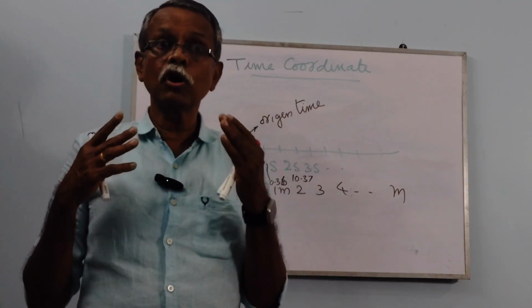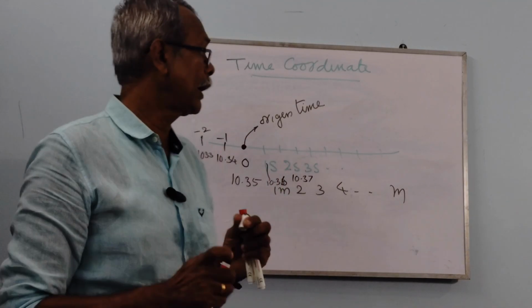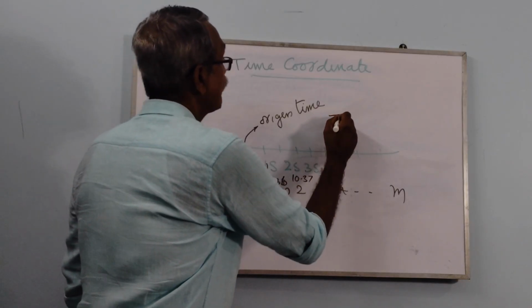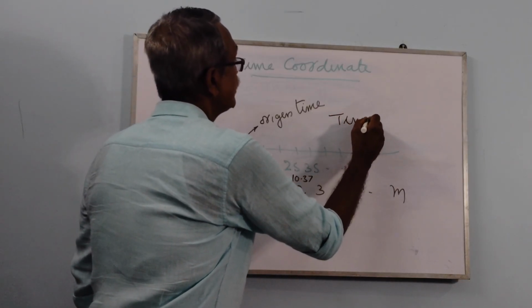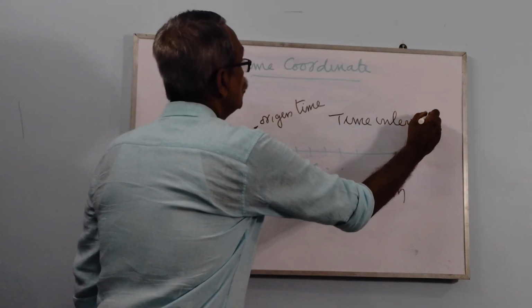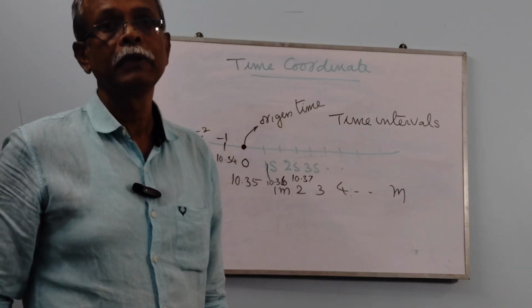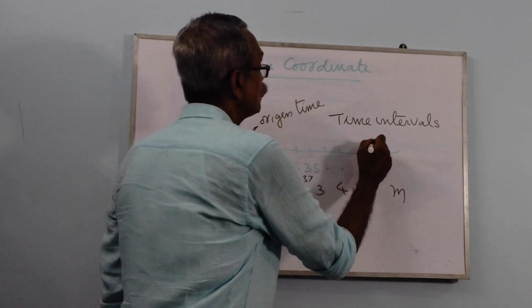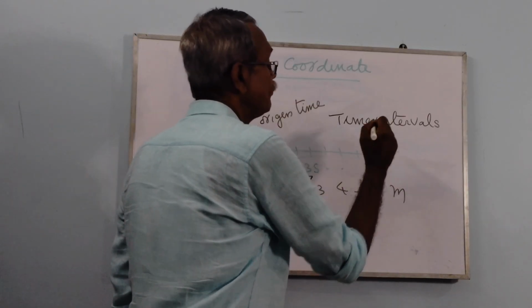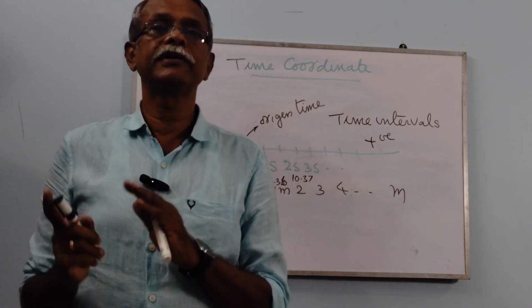But in most of the situations which we handle, we require a time interval. That is the time difference between two times. They are called the time interval. Time interval is always positive. It is denoted by a number and a unit.